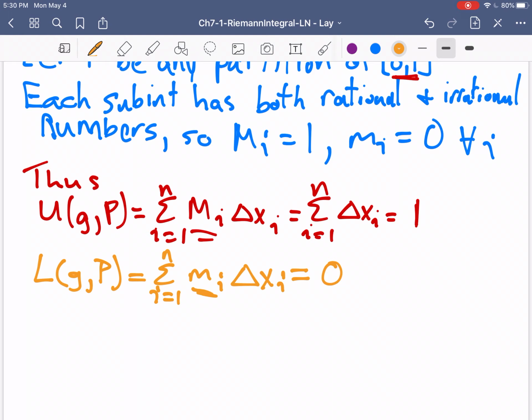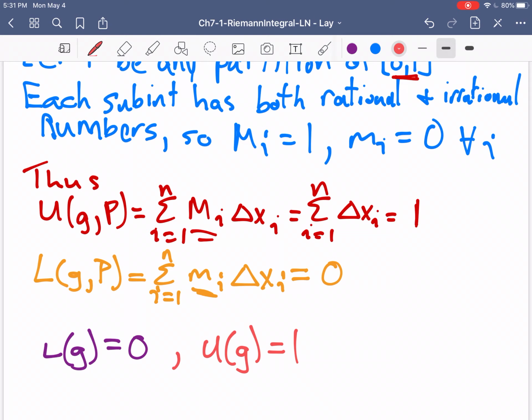And so, because of that, we end up with our lower integral equal to 0. We end up with an upper integral that's equal to 1. Those two values are not the same.